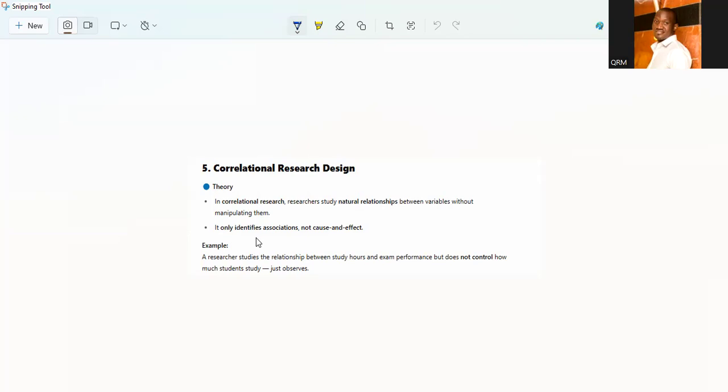So this correlation is only used to identify associations, but not cause and effect. It doesn't measure causality. So, for instance, a researcher wants to study the relationship between study hours and exam performance, but doesn't want to control either of them. So you can use what? A correlation. So we talked about what types of research designs are under quantitative and what types are under qualitative.